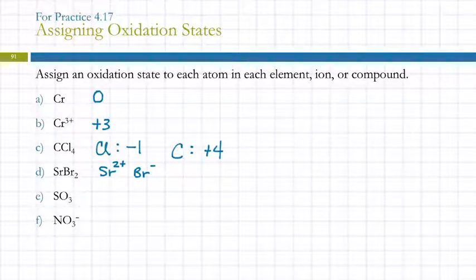We have monatomic ions. The oxidation state is the same as the charge. So for strontium, what's its oxidation state? +2. How about bromine? Each bromine is -1. Together, the two bromines have a total of -2, but each bromine has a -1. Just like each bromide ion has a 1- charge.